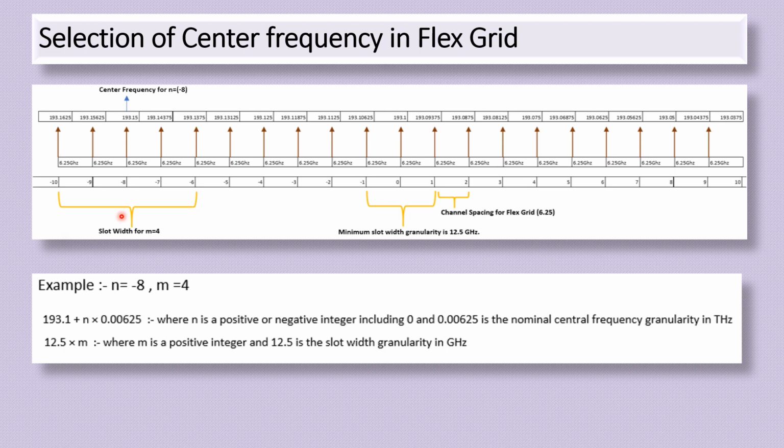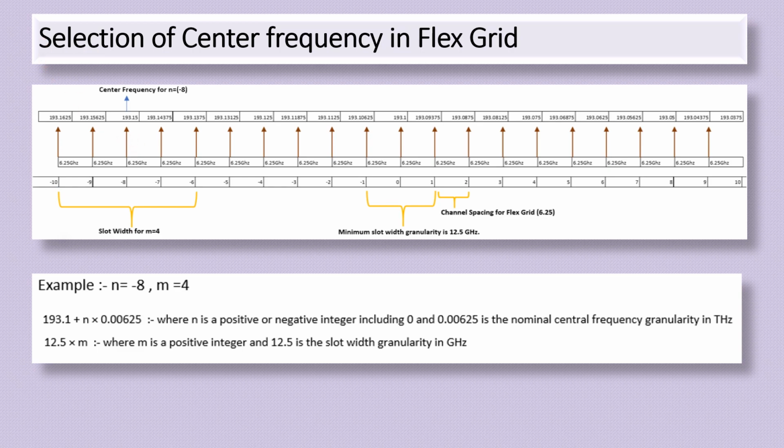It is a very important point when choosing the center frequency. We need to keep in mind that no slot widths should overlap with each other, and the frequency range coming in any slot width cannot be chosen by any other slot width. So suppose we choose another slot width, like from here to here, we cannot choose these frequencies. These are the limitations, and this is a very important point to keep in mind.